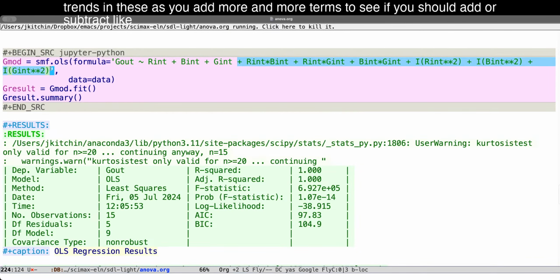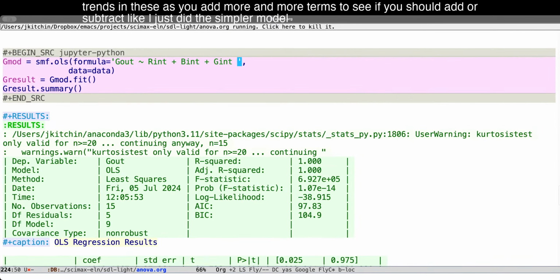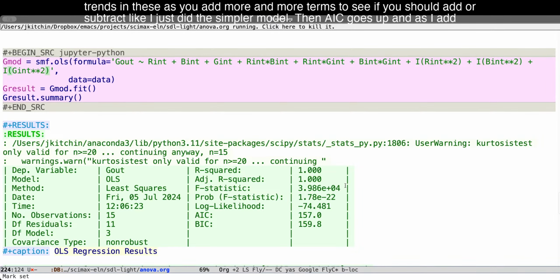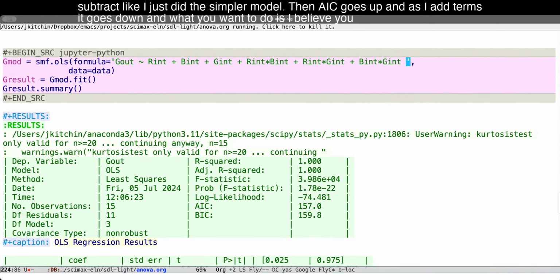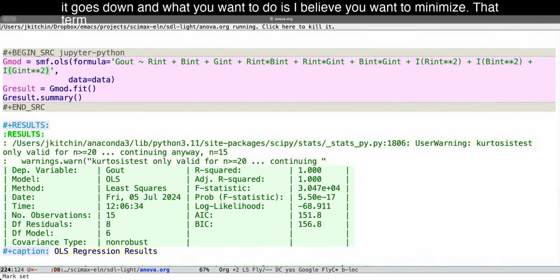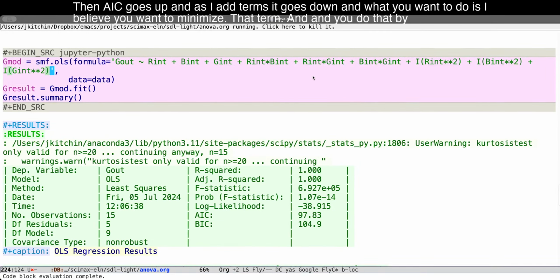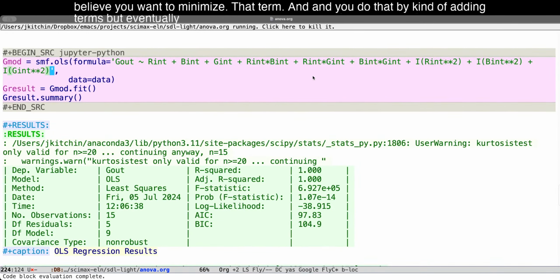Like if I just did the simpler model, then AIC goes up, and as I add terms, it goes down. And what you want to do is, I believe, minimize that term. And you do that by adding terms, but eventually the values might go back up.